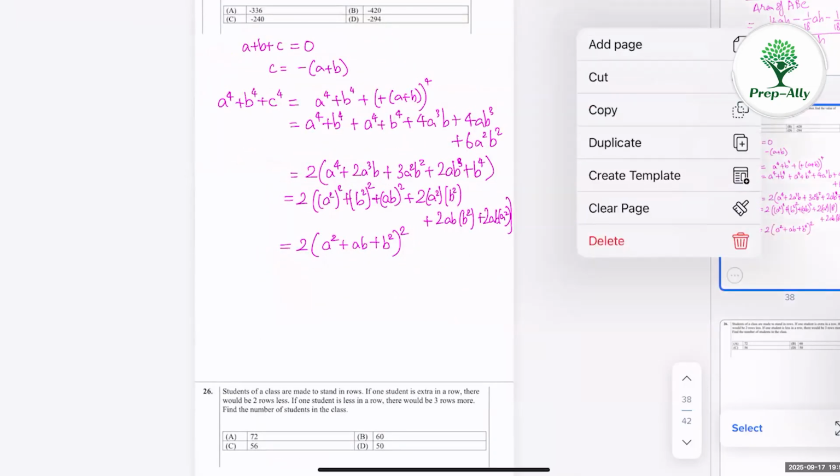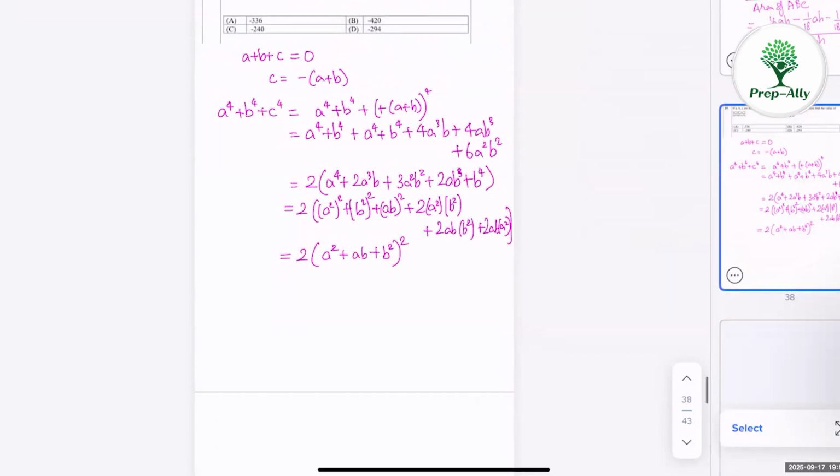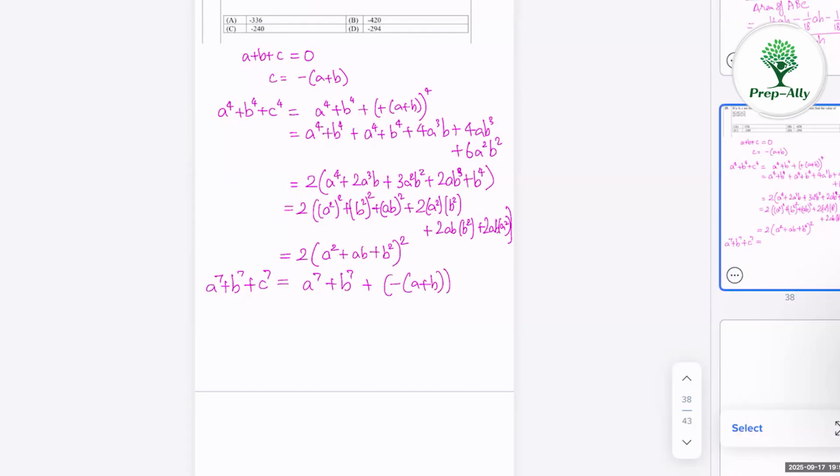Now let's take a power 7 plus b power 7 plus c power 7. So this can also be written in a similar way as a power 7 plus b power 7 plus minus of a plus b the whole power 7. So once we write it like this, can we expand this?